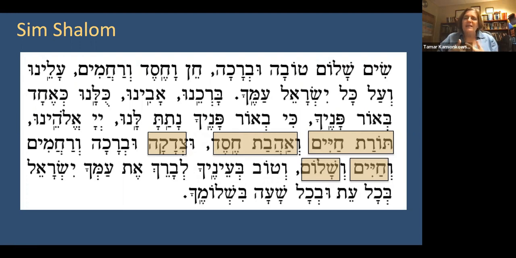This prayer, Sim Shalom, is really about the qualities that allow us to live feeling safe, and feeling supported. I think we could all use more of that in our lives.